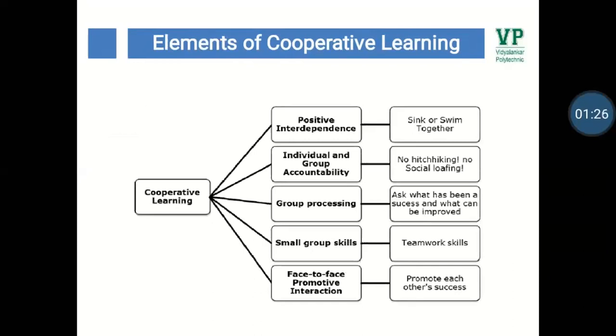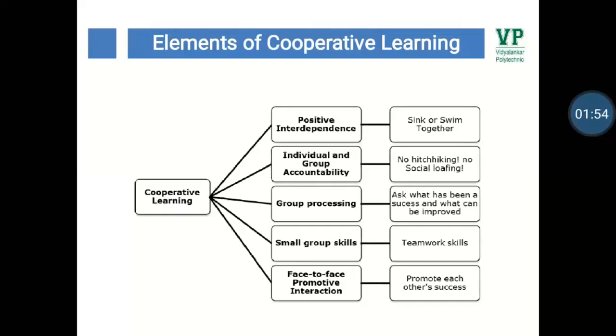Cooperative learning is a very systematic and structured approach towards group learning. It is based on 5 fundamental elements. These 5 fundamental elements are positive interdependence, individual accountability, group processing, small group skills, and face-to-face promotive interactions.